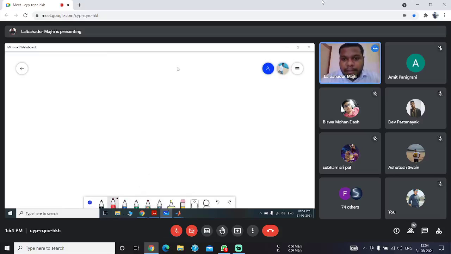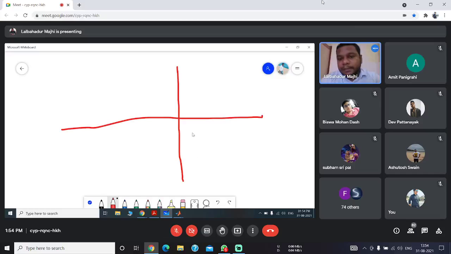First we have to identify our poles and zeros. We have 3 poles: one pole at origin, another at minus 1 and another at minus 2. Clear? Then the next step is to find the centroid, because our asymptotes will start from the centroid.